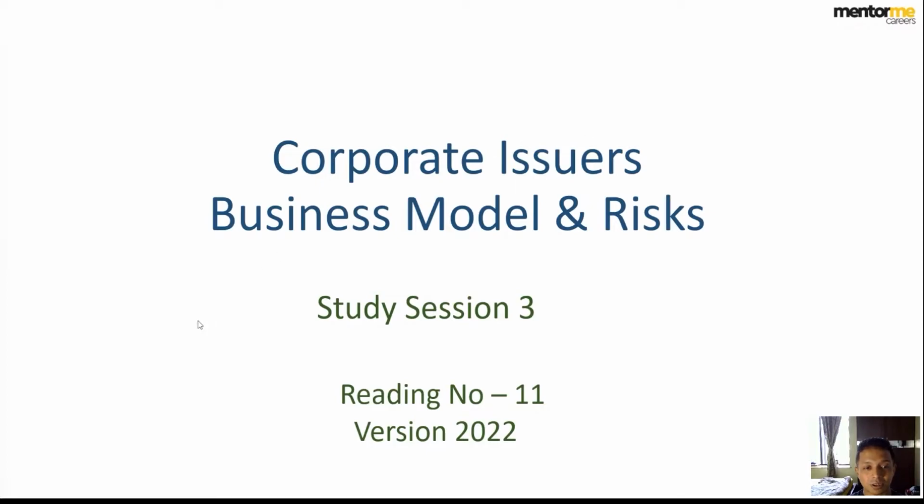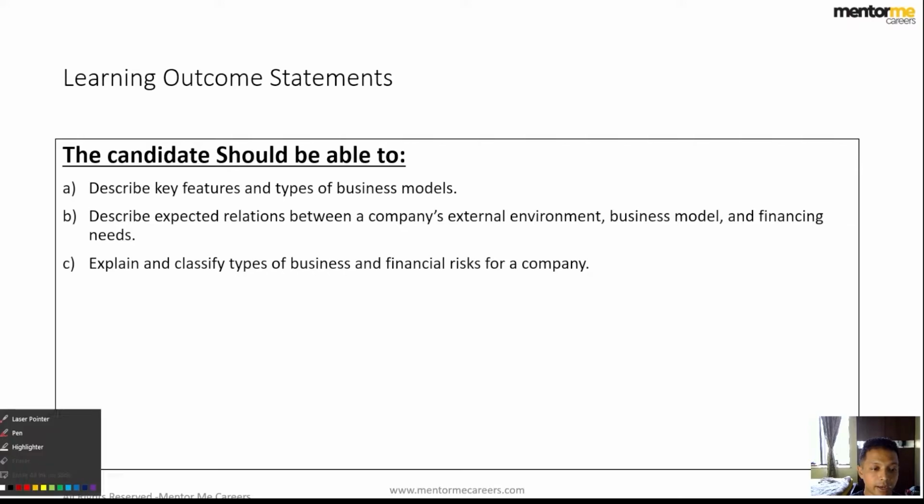So let's first get started with understanding the learning outcome statements which have been mentioned here, and then we start taking one at a time and try to knock this off for the preparation that you are preparing for, right? So let's look at the three learning outcome statements mentioned here. The first is to describe key features and types of business models.